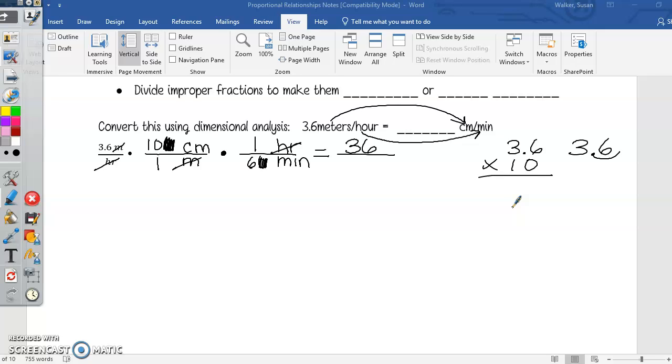Okay, so you should get 36. Then on the bottom, I have 1 times 6. Remember, that can be a 1. It is a 1, but it's just kind of understood. 1 times 6, I have 6. So that's improper. Oh, this is going to work out pretty good. 36 divided by 6, 6. So basically 6 centimeters per minute.